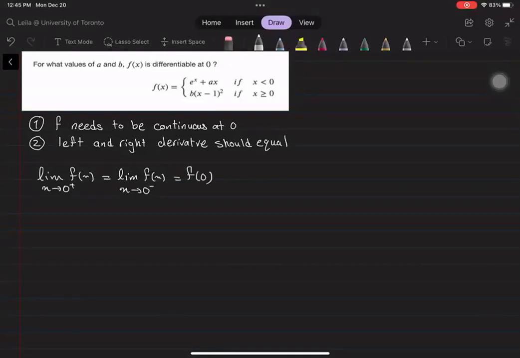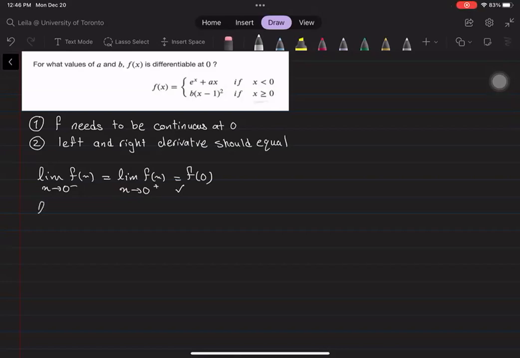And since you have the equal part, this part is already true. And then now you can check the other parts.